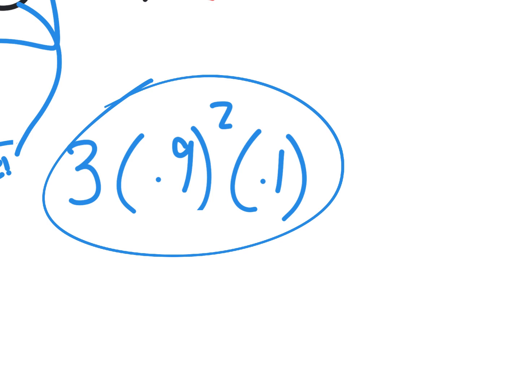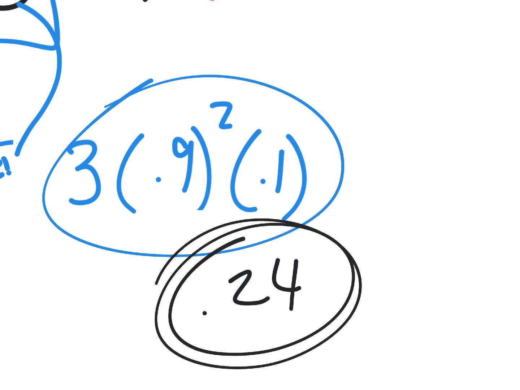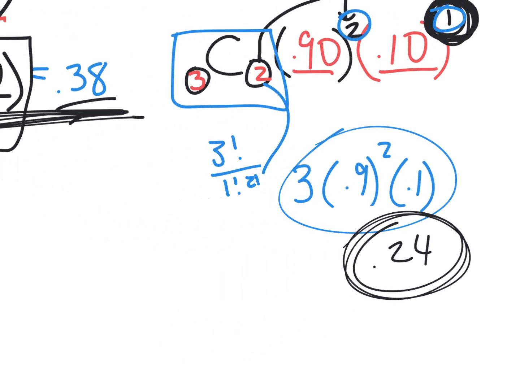Eddie, what'd you get? Okay, go ahead and type that in. Humphreys, what'd you get? Okay, I'll pause for a second while we take the time to finish this problem. 0.24. Eddie, can you verify that? Yeah.